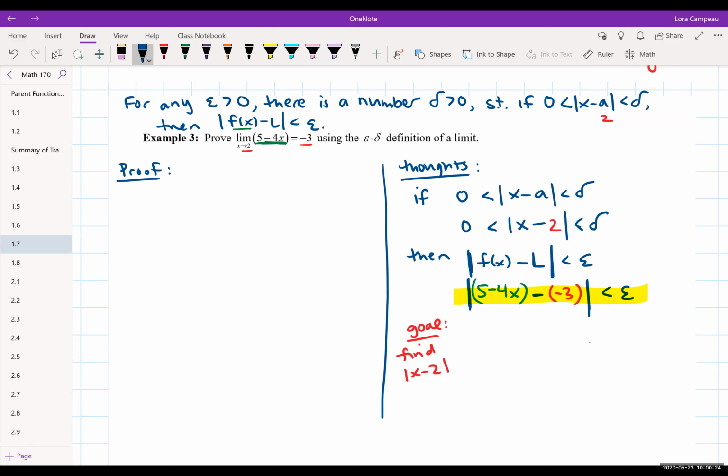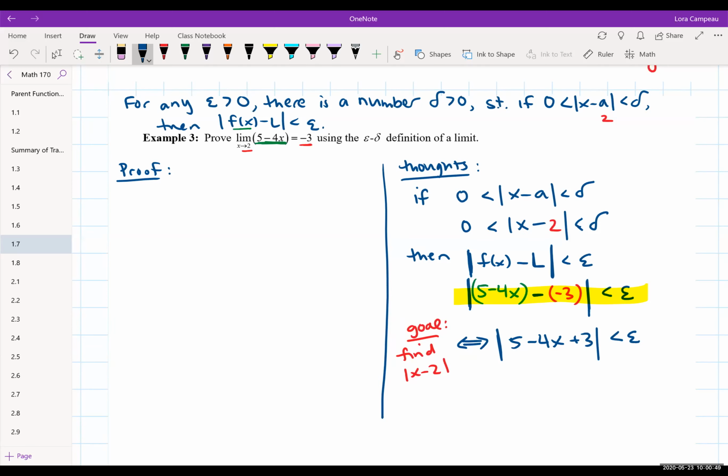So we take that goal, the end statement, and normally it makes sense to see if we can combine like terms and simplify. So if I say 5 minus 4x, subtract off a -3, take your time on this. I know we're in calculus, we can skip steps, but sometimes it helps to write everything out.